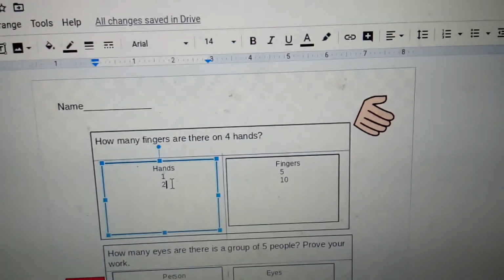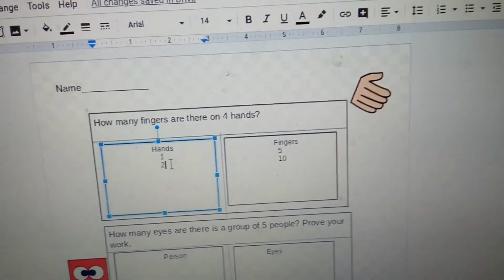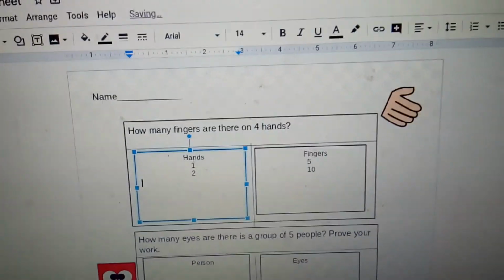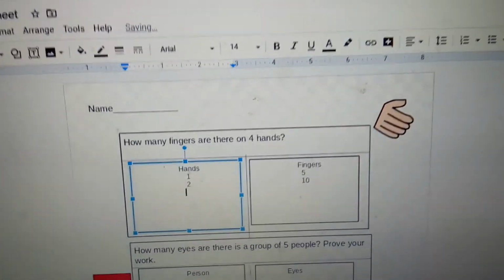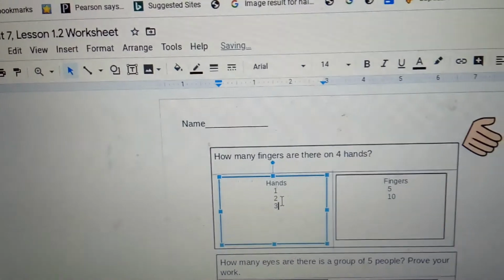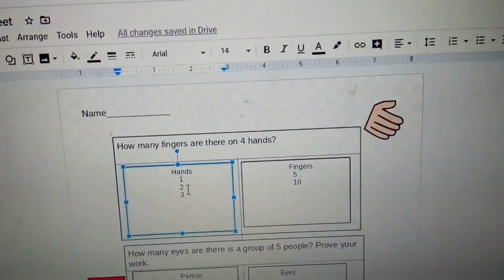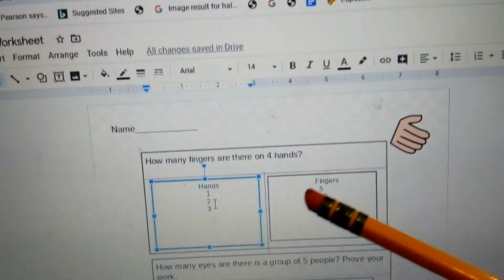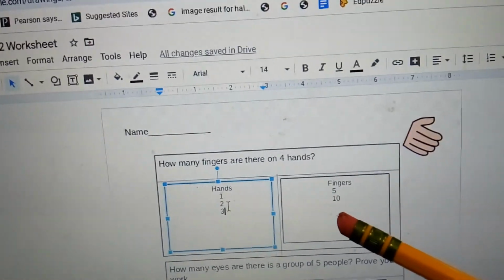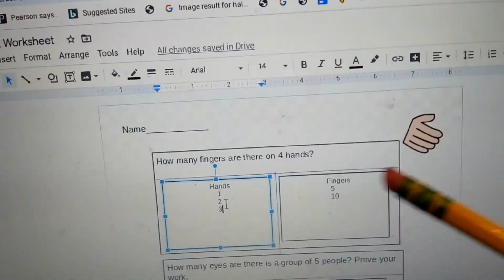So what I'm going to do is I'm going to go down again, and I know, so let's think about 3 hands. So I know we're going to go with 10, but we need to add one more hand.